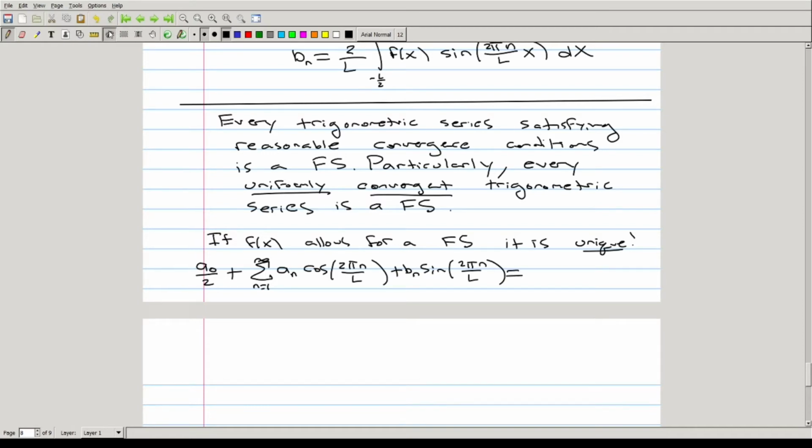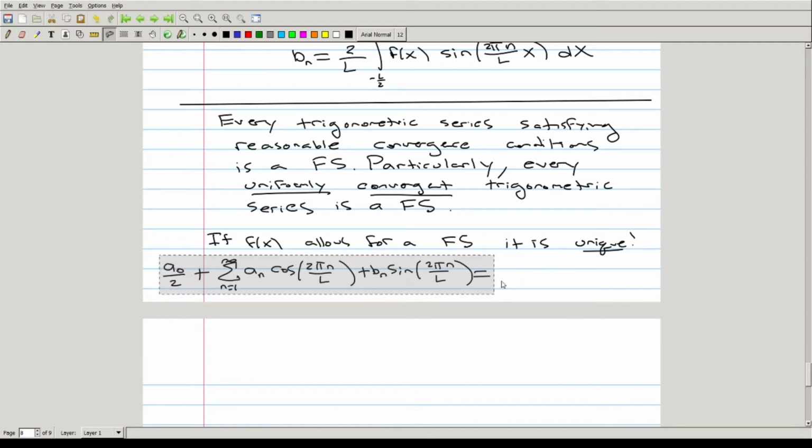times x in the series is equal to another Fourier series, because of the linear independence of the functions cosine, sine, and the constant function 1.